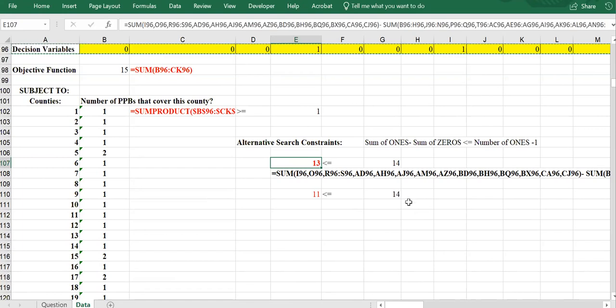Keep doing this until you get a solution with an objective function more than 15. Probably 16 is going to be your best alternative, your second best solution. So you should expect to have, I think, one or two more alternative optimal solutions.